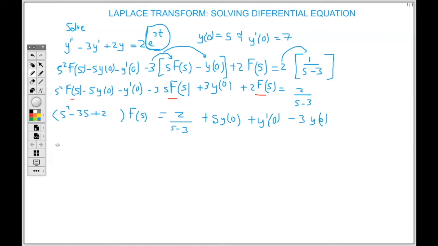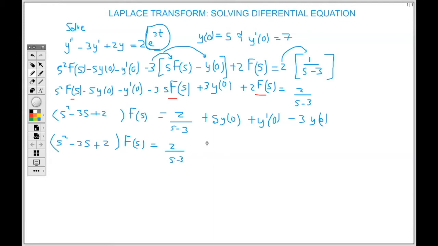Now we're going to use the conditions that I have. So just rewriting the left hand side, then I use y of 0 is 5 and y prime 0 is 7. Equal 2 over s minus 3.